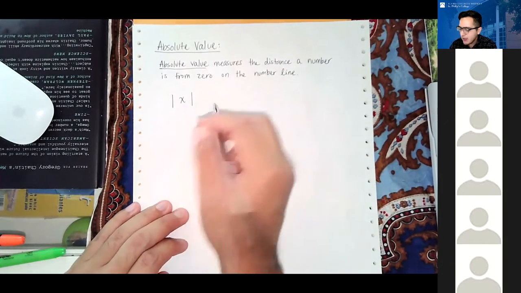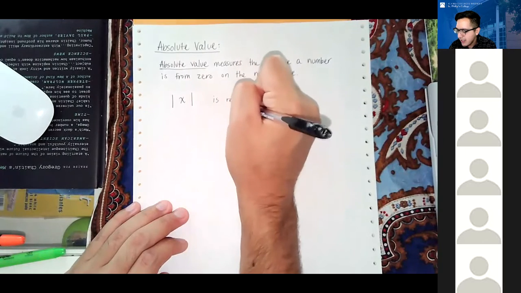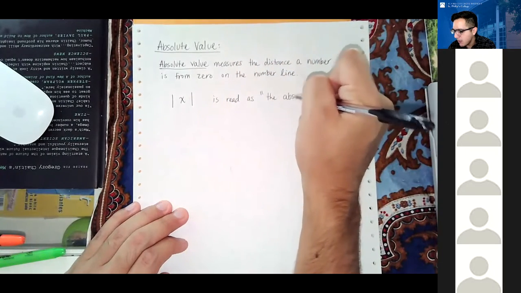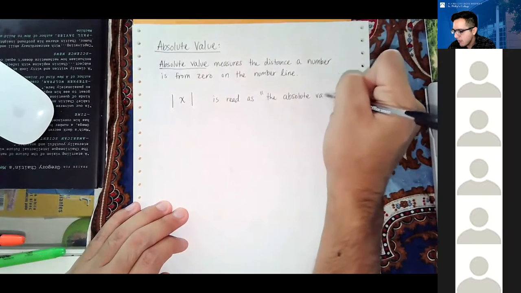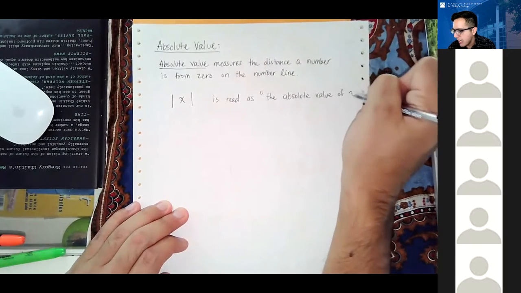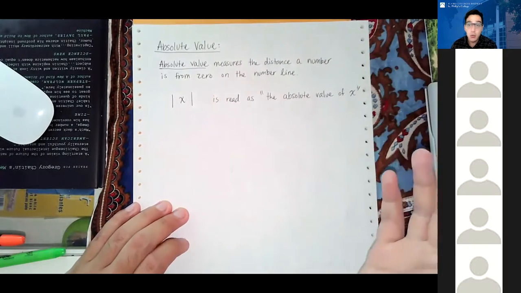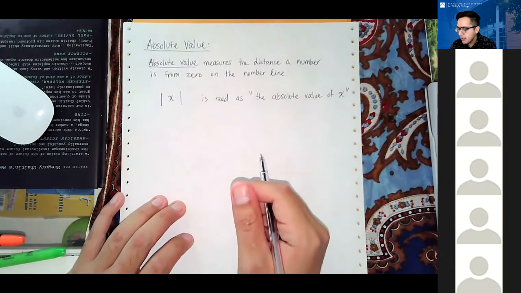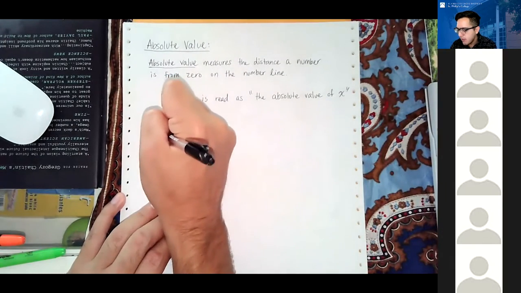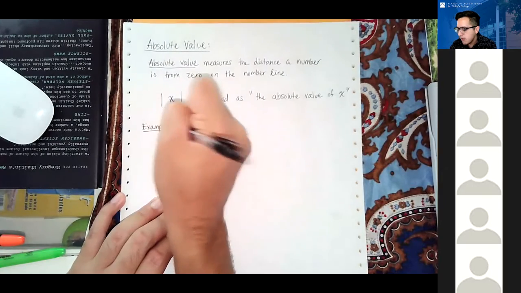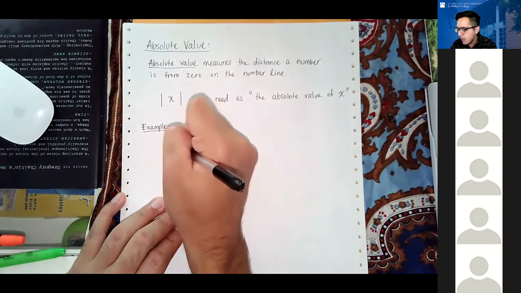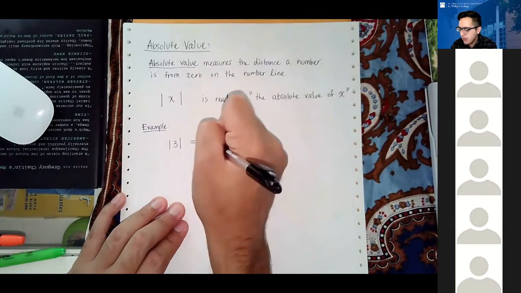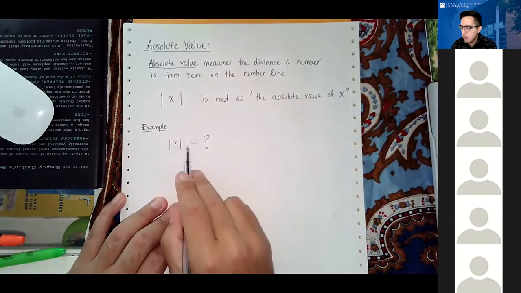This statement here is read as the absolute value of x, whatever that number will be, given whichever problem. Okay, so for example, if I gave you the absolute value of 3, and I just asked you to evaluate it, the absolute value of 3 is equal to what?